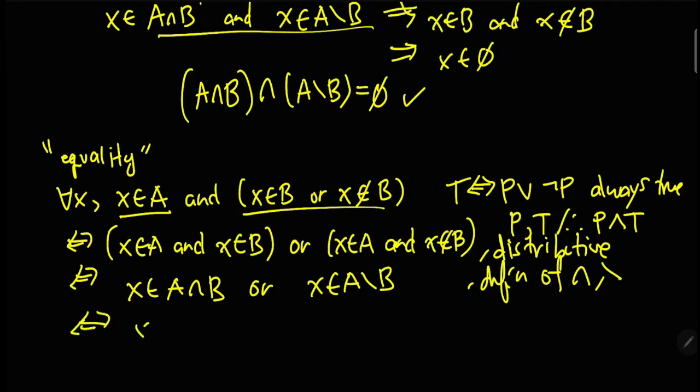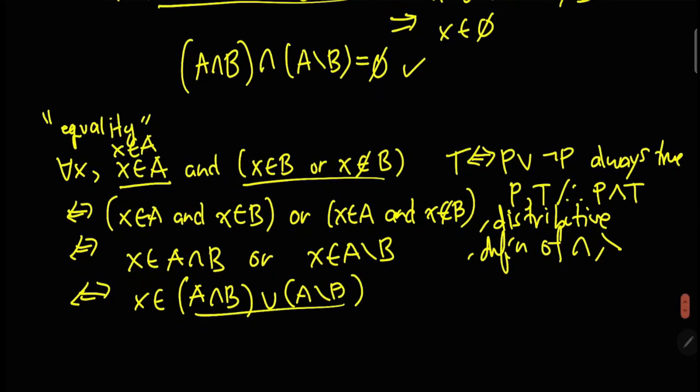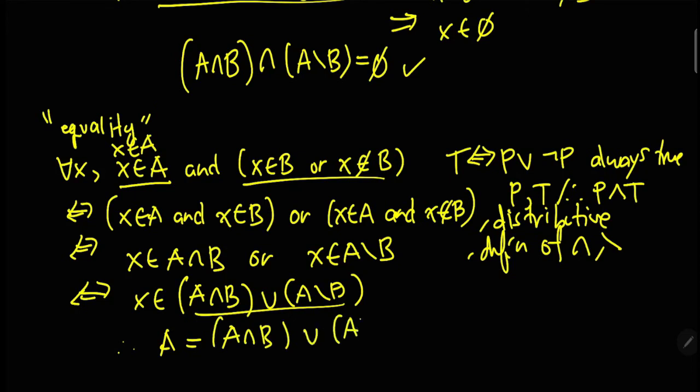So meaning we have x is in A intersection B union A except B. But that's actually what we want to show. We started with the fact that x is in A and then we end up with this set. So therefore, we can say that the set A is equal to A intersection B union A except B. And that's done.